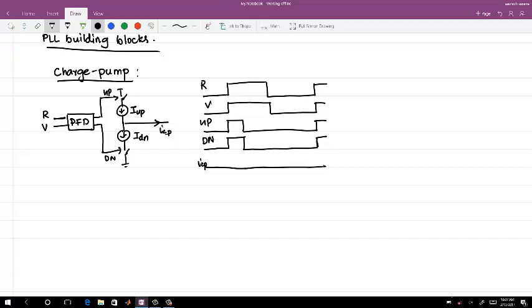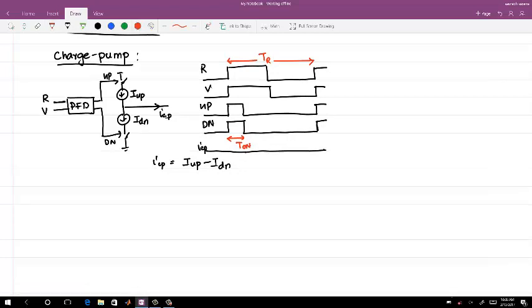So this is an ideal charge pump, and it only means I CP is I up minus I down. The period for which both the switches are on is T on, and the reference period at which the charge pump is clocked is T R. So this is an ideal charge pump.